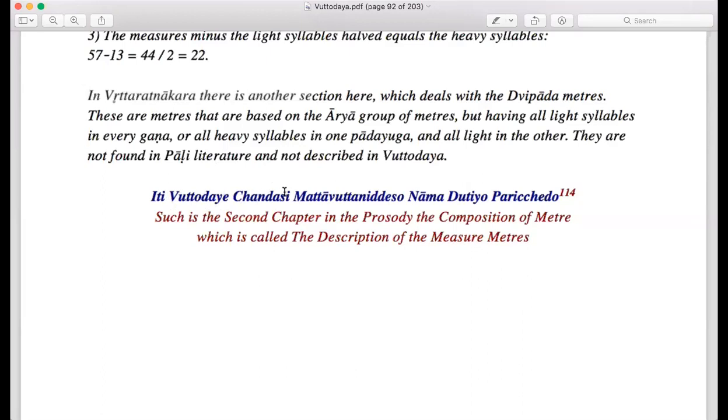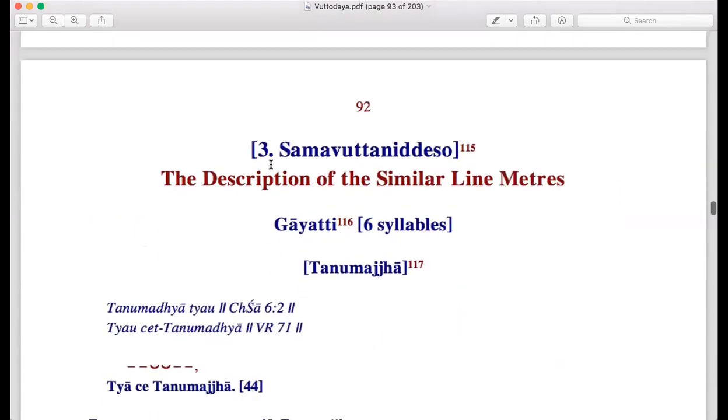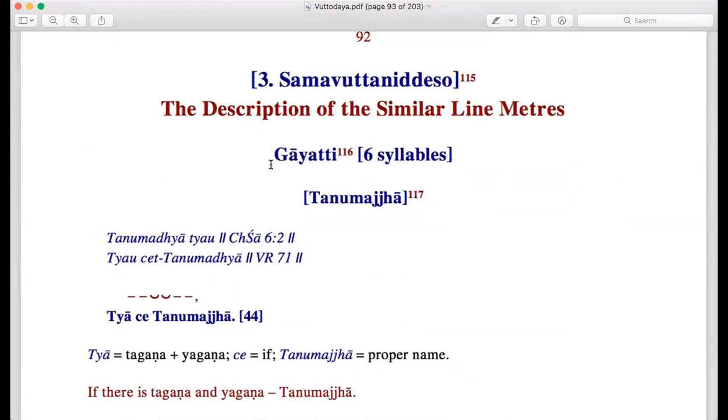So Vuttodaya chandasi means in the Pāḷi prosody, which is named Vuttodaya. So chanda can be used for prosody, and for the book where meters are shown. We have finished the second chapter, and we have almost finished the most important, time-taking parts of Vuttodaya. Other chapters will not take time like this, so we will be able to finish Vuttodaya soon.